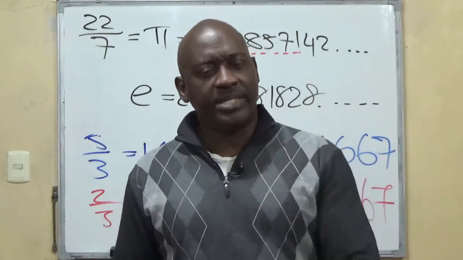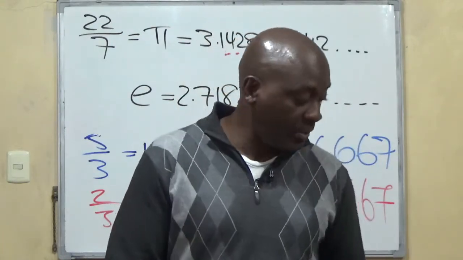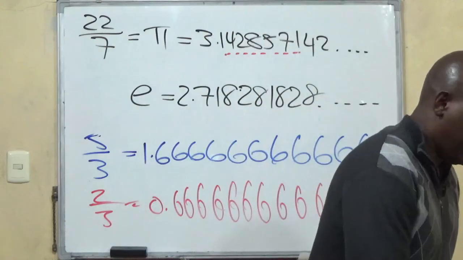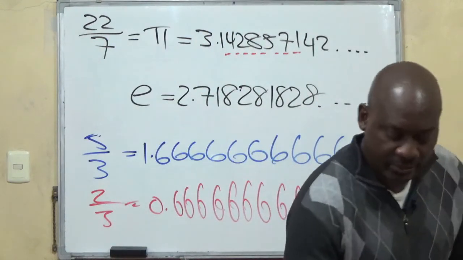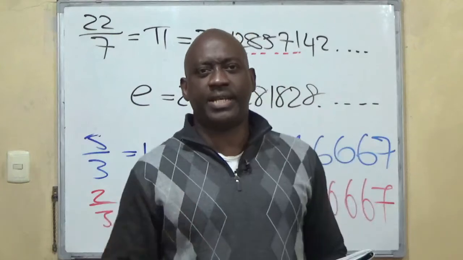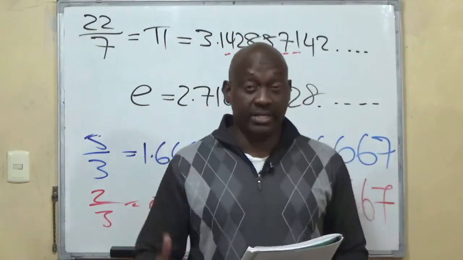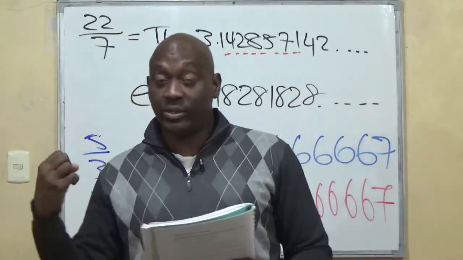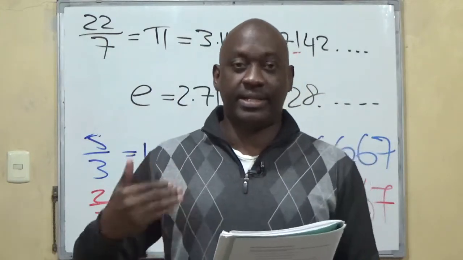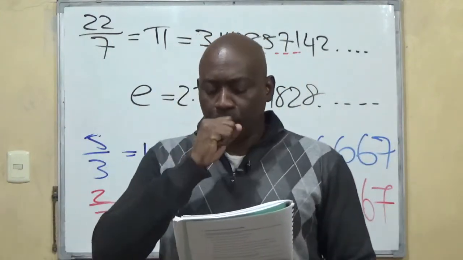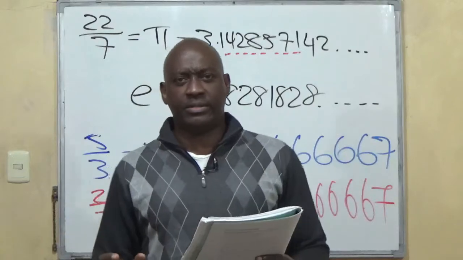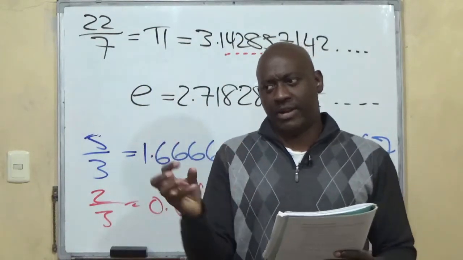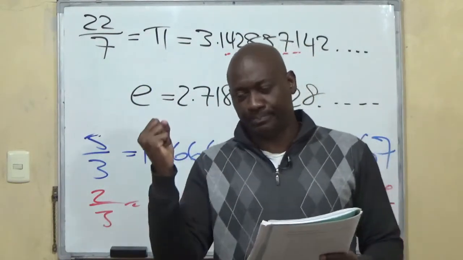So just to wrap up this particular video, quick summary. We dealt with different types of numbers. We started off by discussing natural numbers, then we went to whole numbers, and then we expanded that to integers. We spoke about rational numbers, rational being derived from the whole concept of a ratio.